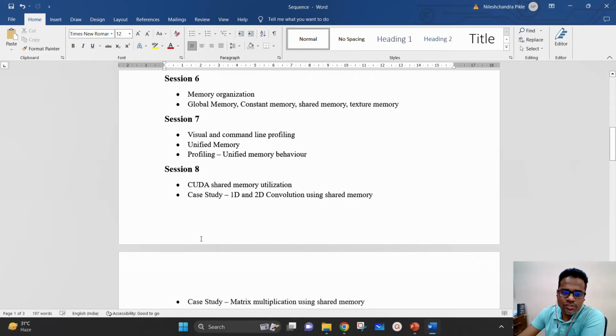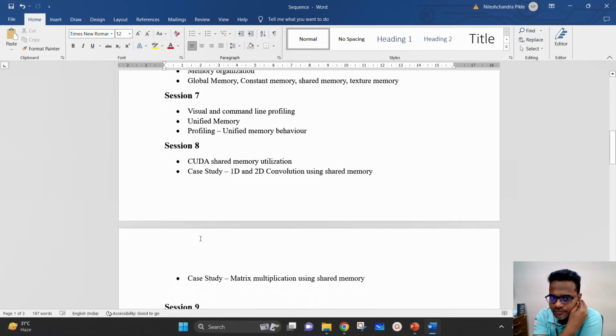Then the most important topic or memory in CUDA programming is the utilization of shared memory, which will improve the performance of your code by reducing the number of memory footprints on the global memory.